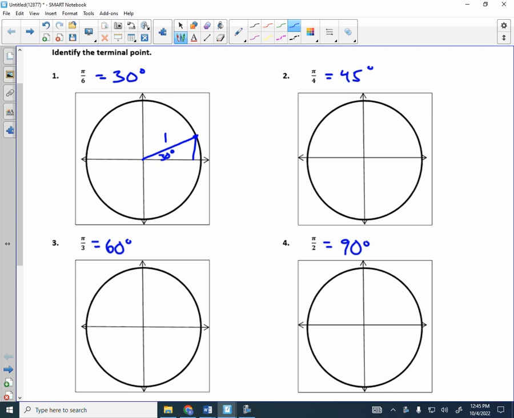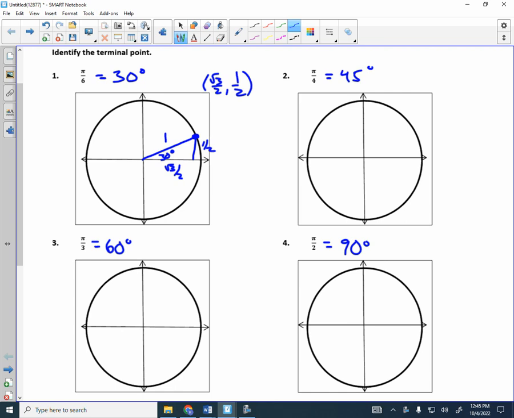So what are the other sides? 1/2 and root 3 over 2. Good. So that means that this coordinate is root 3 over 2 and 1/2. That's what we call the terminal point.